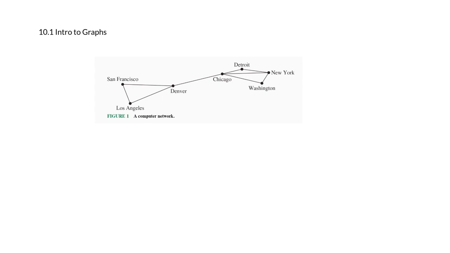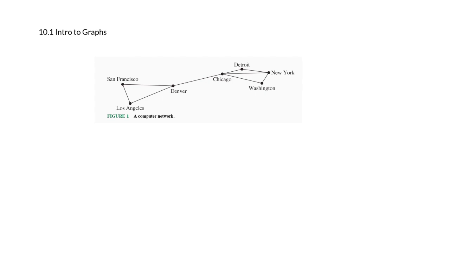In this case, let's say we have a computer network where we have computers or servers in different cities, and between some of these cities, for instance, between Denver and San Francisco, we have a communication link. And between Denver and Chicago, we have a communication link, and we draw those links as arcs or edges that connect these points together.